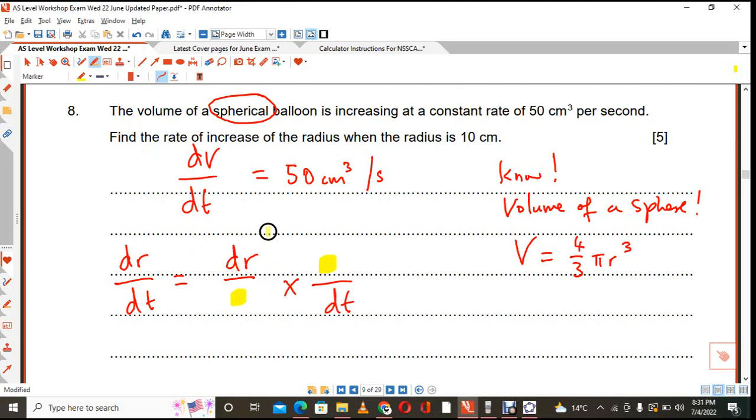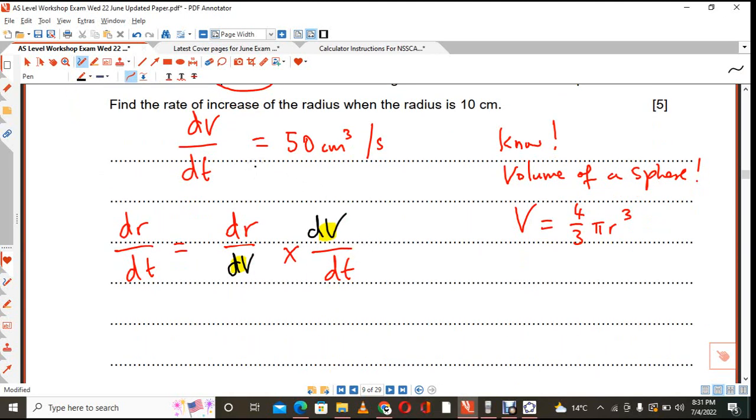Can you see that? So what is it that we need to know? Of course, we need to know dV/dt. But what we need here is the volume, so I'm just going to choose dV here and dV here.